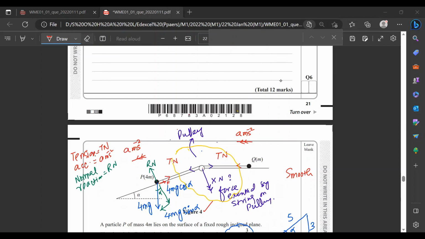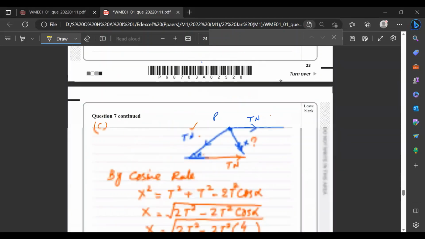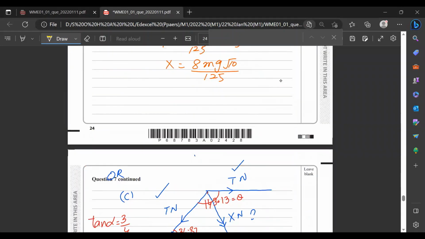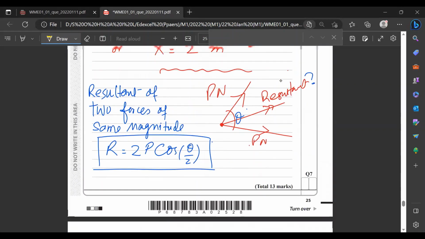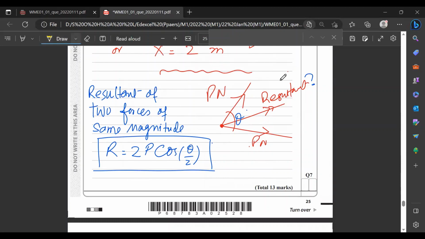So this part of the string, the tension is the same throughout this section, and also the tension is the same throughout the other section. So here you'll have to state where you have used this information.